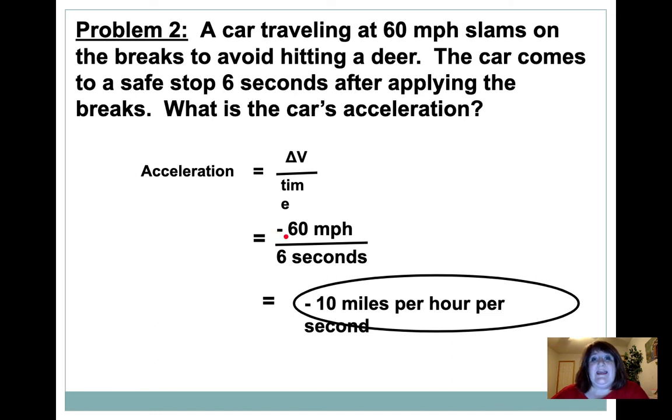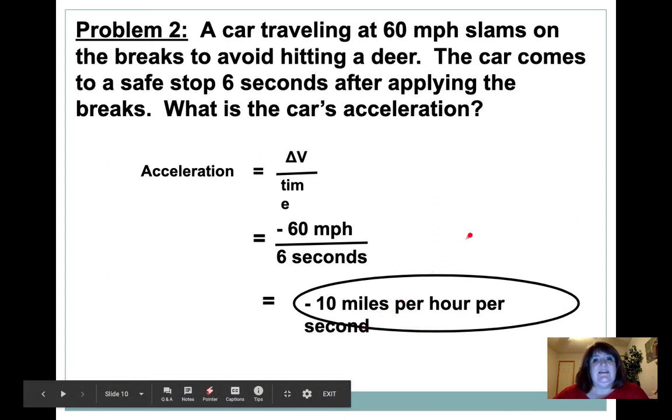It went down by 60 miles per hour, right? It's still changing, went down, so we use negative for down. In 6 seconds, that's a negative 10. Look at those units though. Miles per hour per second, because it's that double mixed unit.